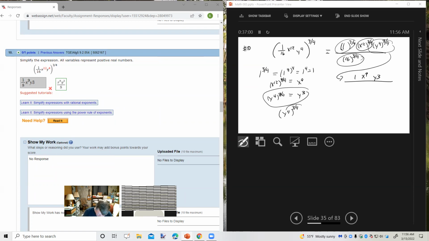So you're going to multiply the exponents. So 4 times 3/4 is 12 and then divide by 4? Yeah. 4 times 3/4, or you can just reduce it down to 3 in the first place. Okay with that? Yeah.